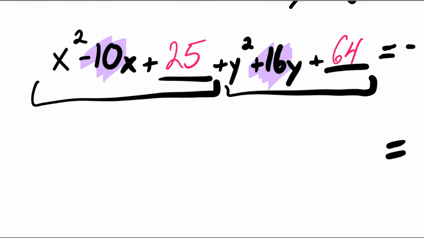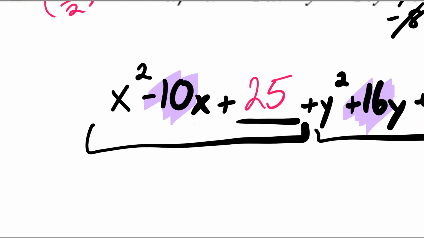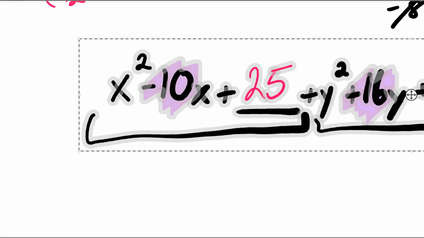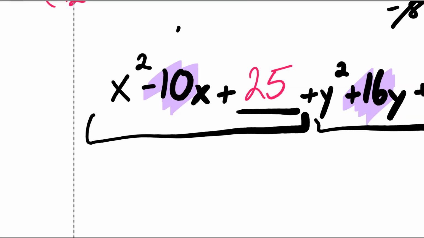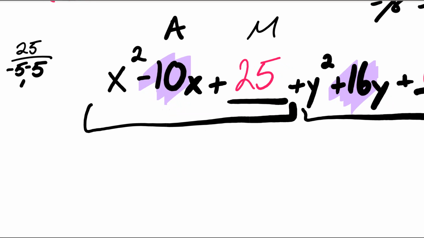So let's just take a look at x squared minus 10x plus 25. If I were to just look at this trinomial and factor it, I'd ask myself, what two numbers add to -10 and multiply to positive 25? Well, for positive 25, I know 5 and 5 would multiply to them, but to get them to add to -10, they could both be negative.